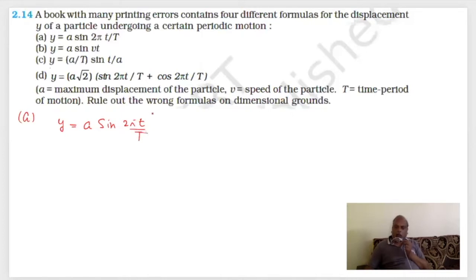Now in this question, what is the dimension? This is basically distance, so it will have dimension of L. This is amplitude, so this will also have the dimension of L. Now this should be dimensionless because it is the argument of sine.